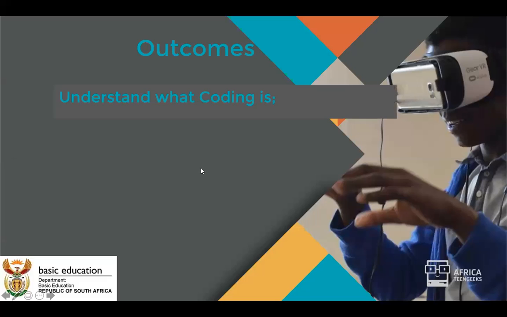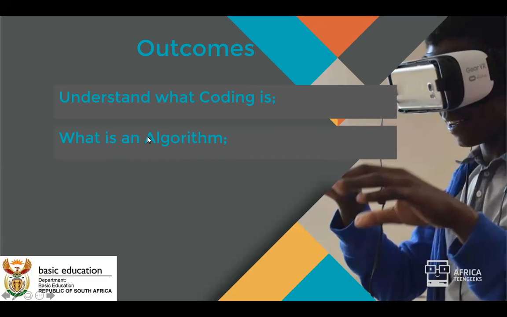And what we are going to do today, especially because the majority of us or many of us are new, we are going to learn or find out what coding is. At the end of this lesson, I want you to be able to know what coding is. We are also going to learn a new word called algorithm.